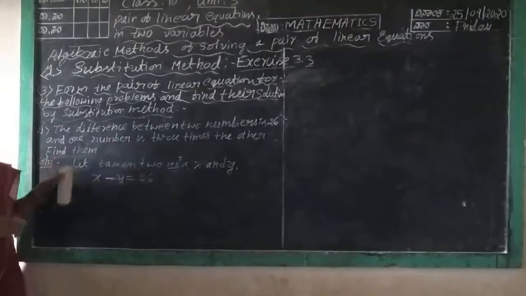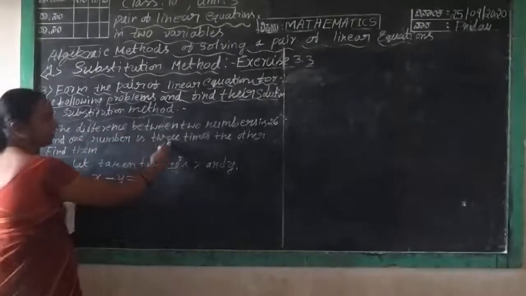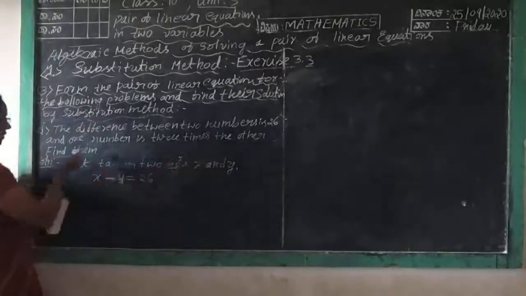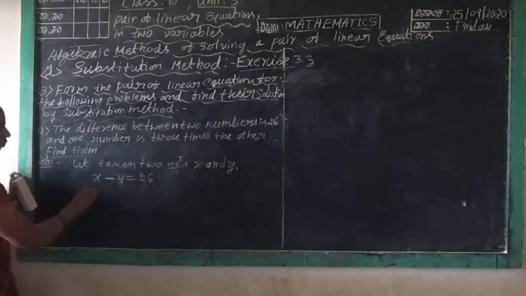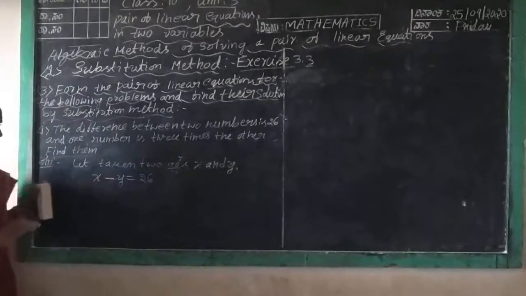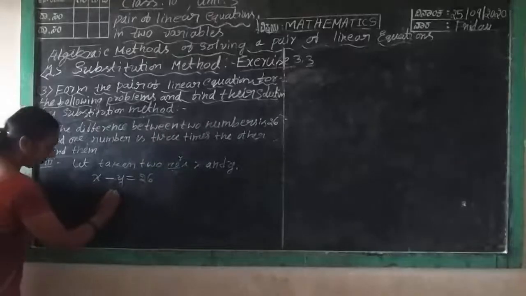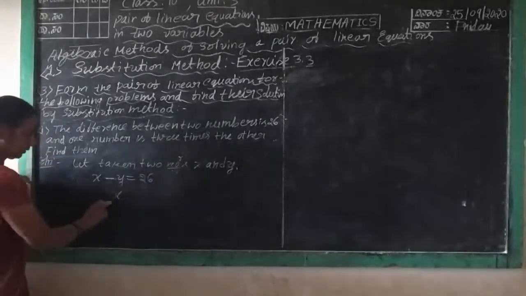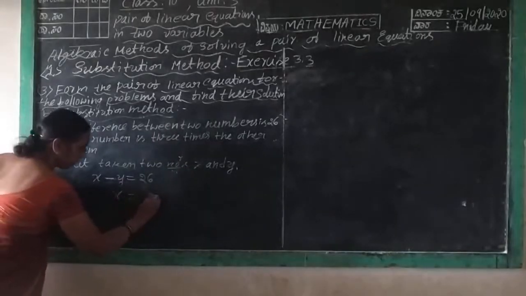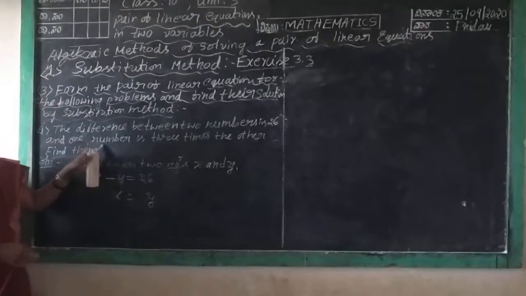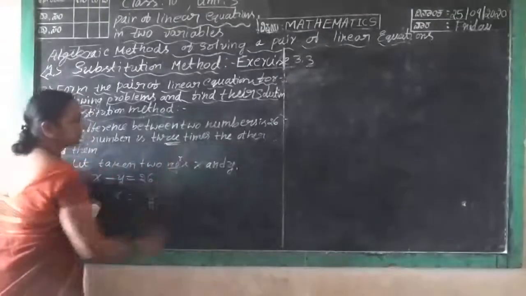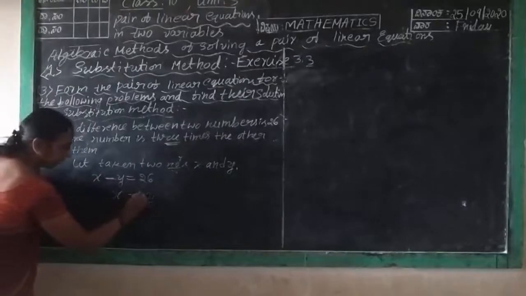Then one number is 3 times the other. I will take x as that number.